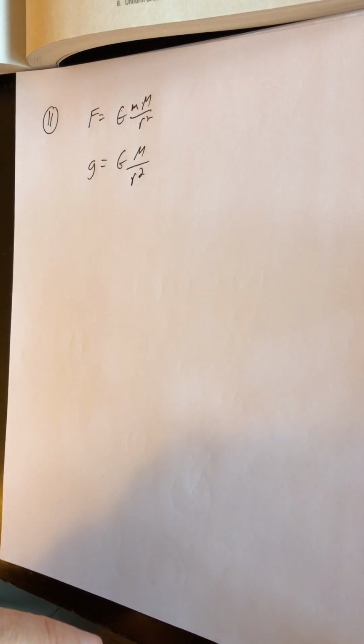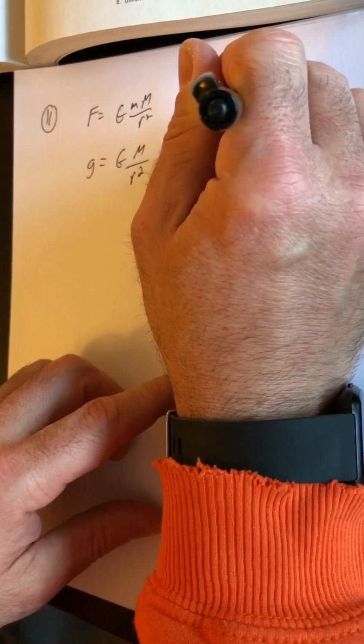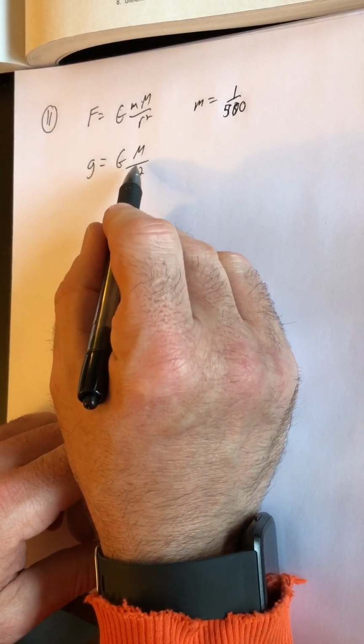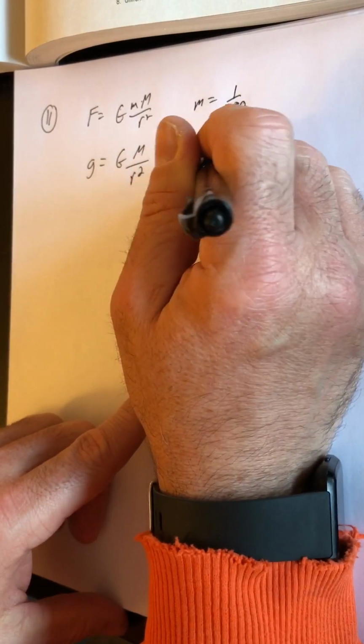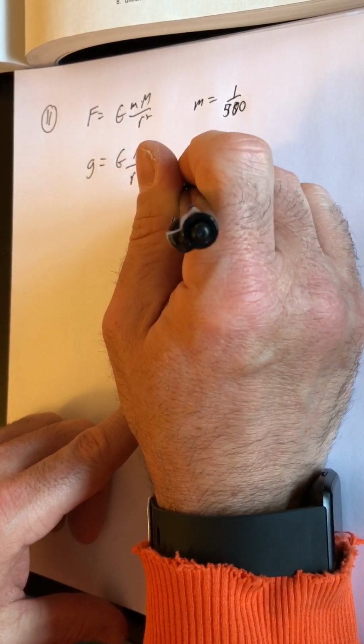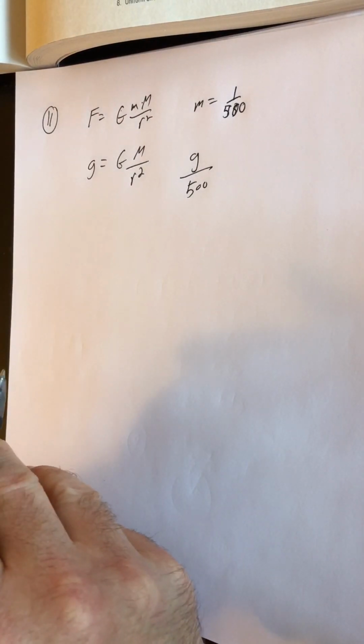The mass of the satellite goes away here. So they're telling us that the mass would be 1/500th. So I'm going to take G and I'm going to divide that by 500.